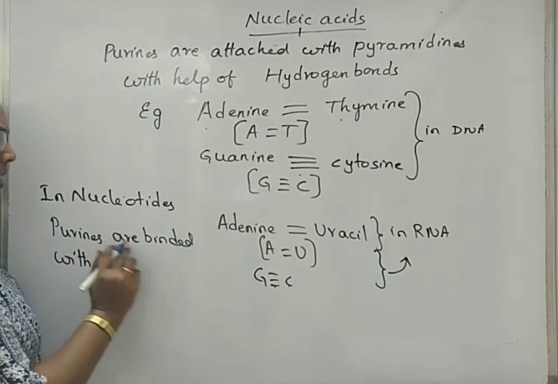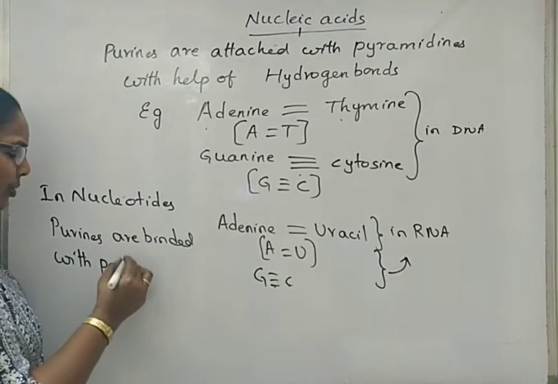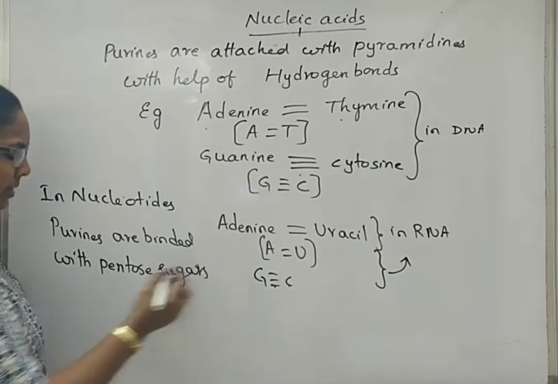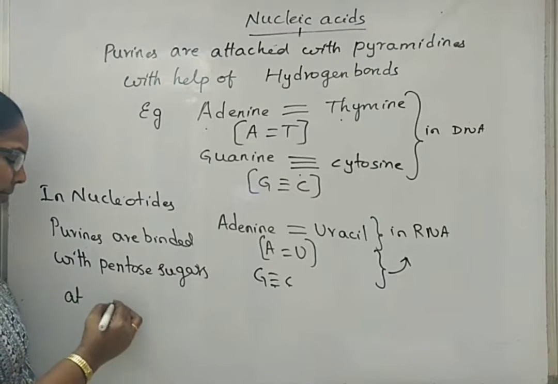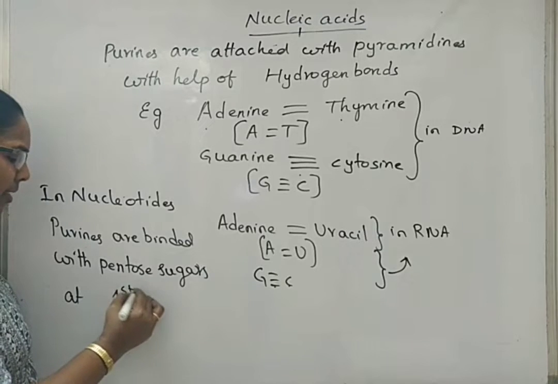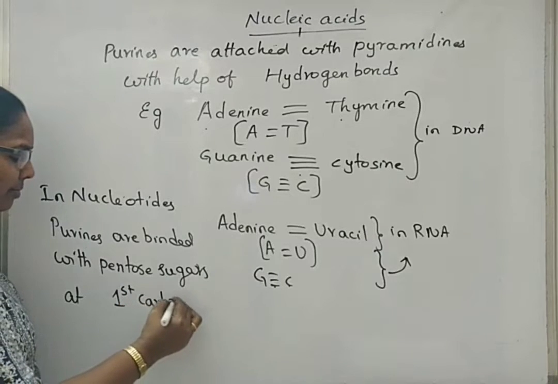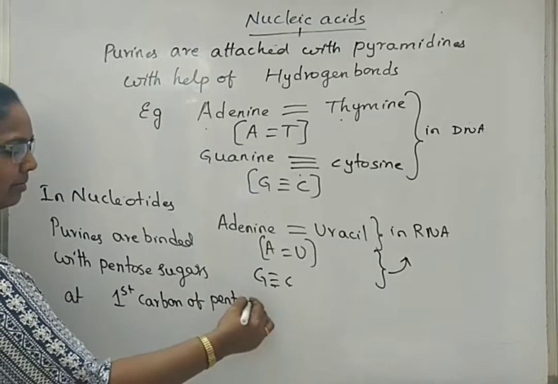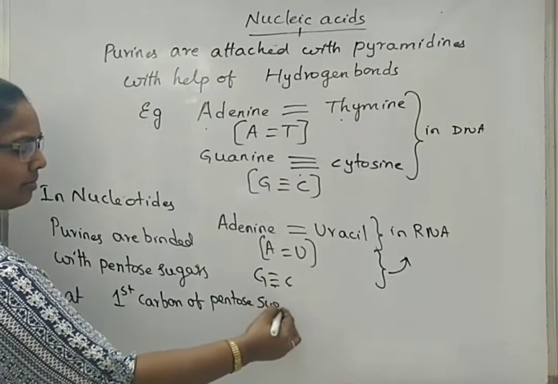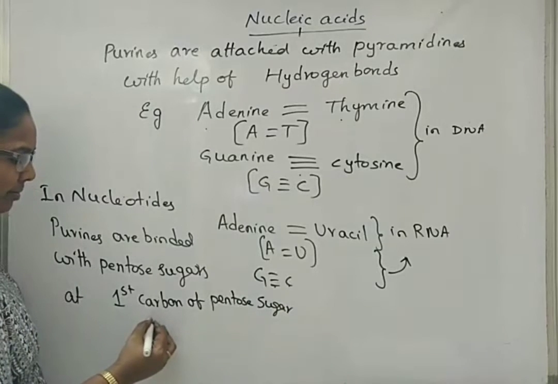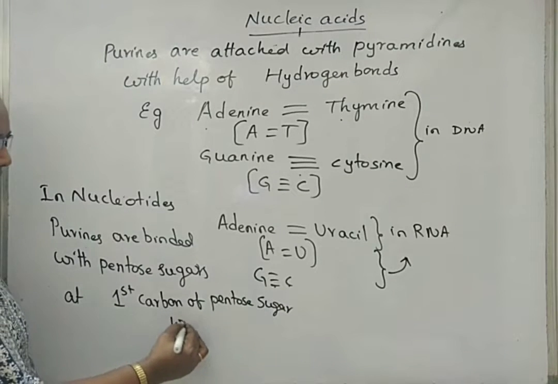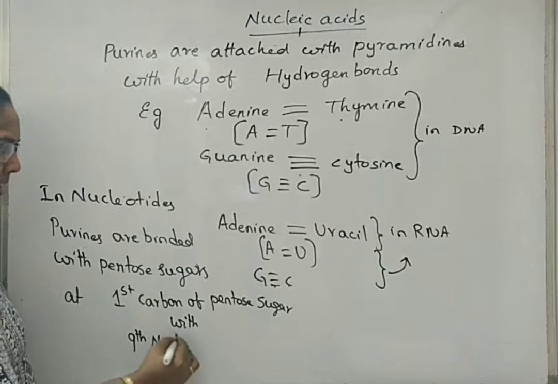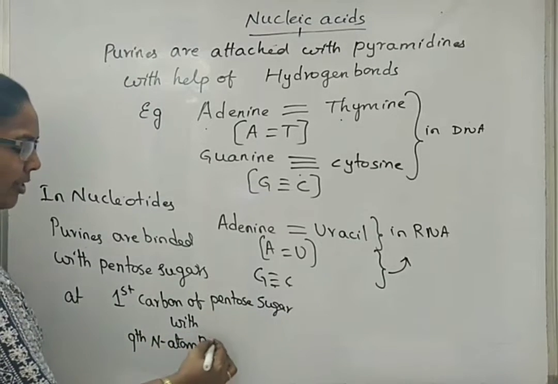The purines are binded with the pentose sugars at first carbon of pentose sugar with the 9th nitrogen atom position of a purine.